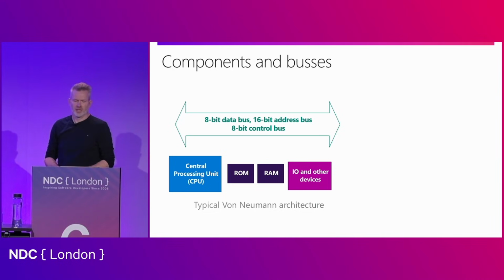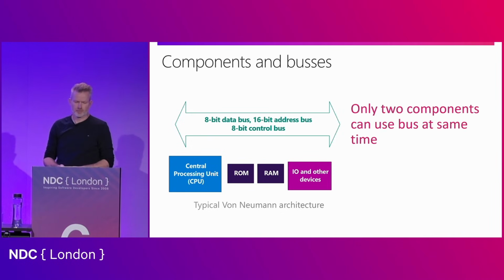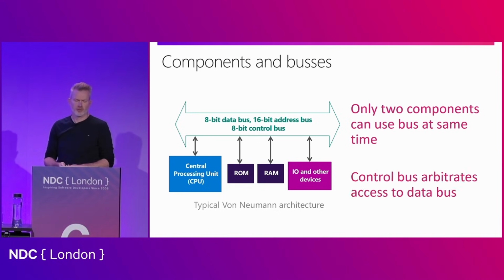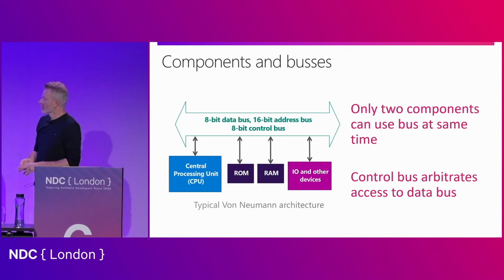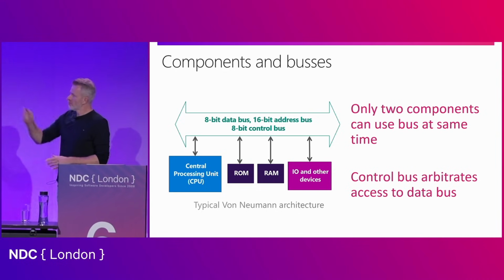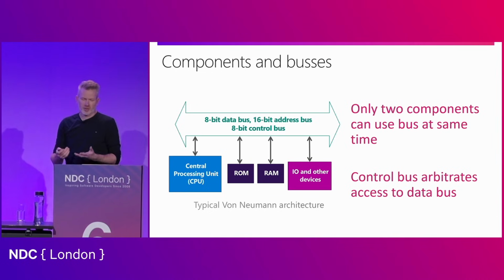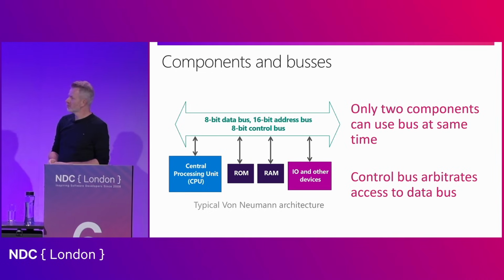There is also an 8-bit control bus. But only two can use it at a time, so there is some arbitration going on, who gets to talk to who, and usually it's the bus controller that takes care of that. They all talk to the bus, never directly to each other, so the bus can take care of the communication. Remember this picture because this is pretty typical, and it will reappear inside of the emulator later on.